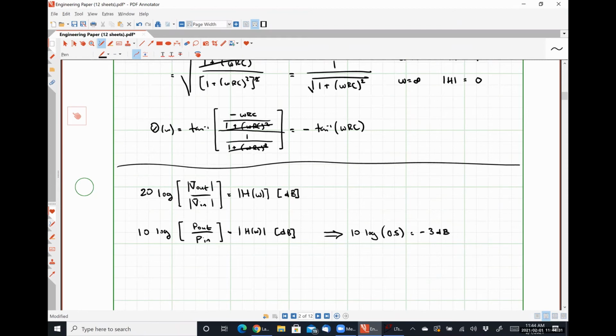So our half power frequency will occur when omega forces V out divided by V in to be 1 over the square root of 2.